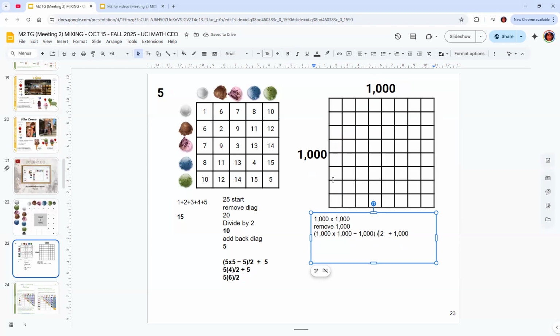And again, you could factor because everybody has 1,000 in this, right? So you could first do here 1,000, 1,000 minus 1 divided by 2, and then plus 1,000. But you could also put it after there.